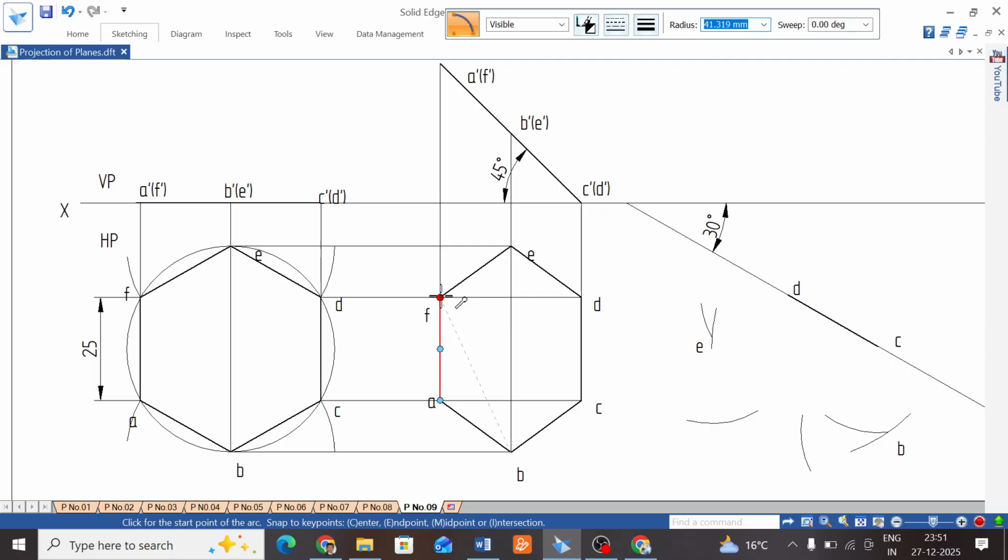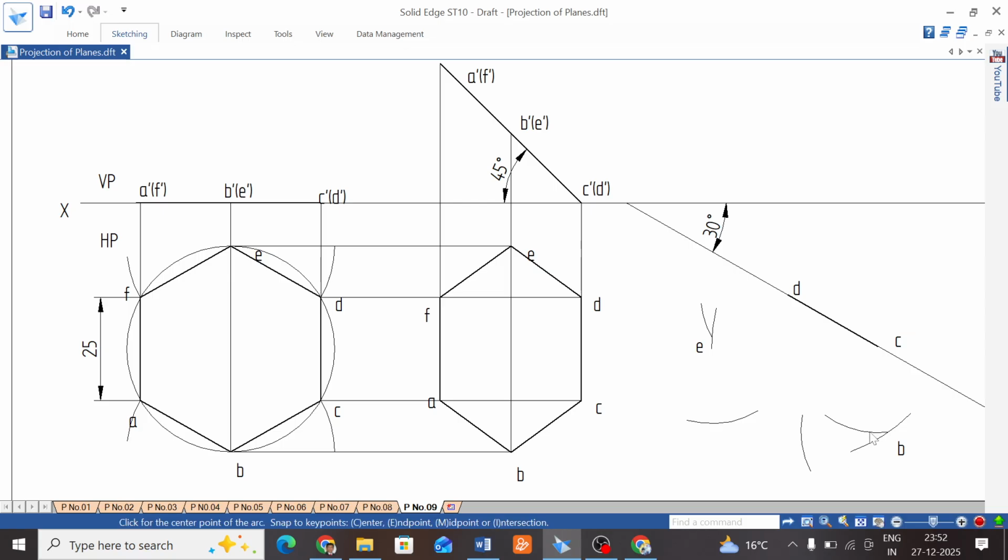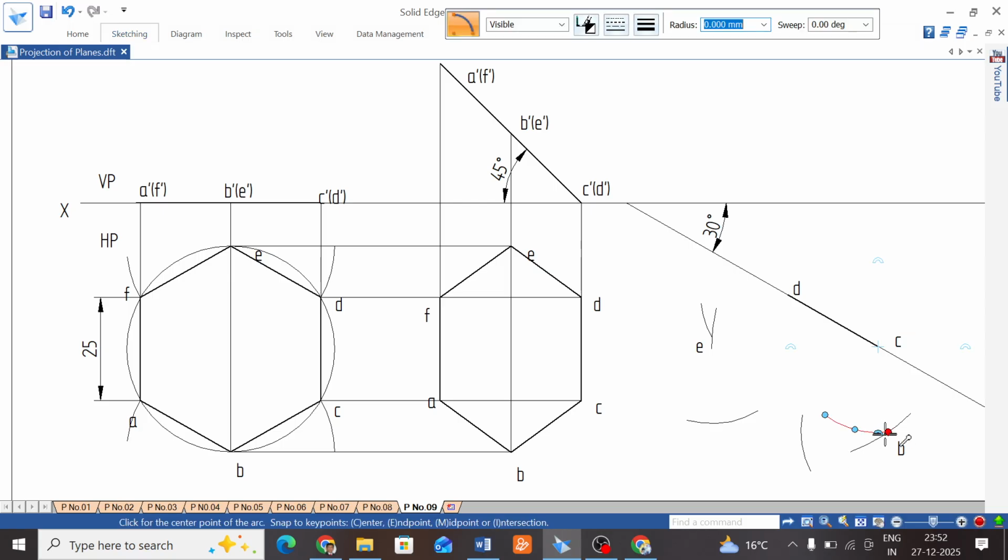B to F is 41 and E to A also 41. From B point, 41, cut this. Again from E, 41, cut this.